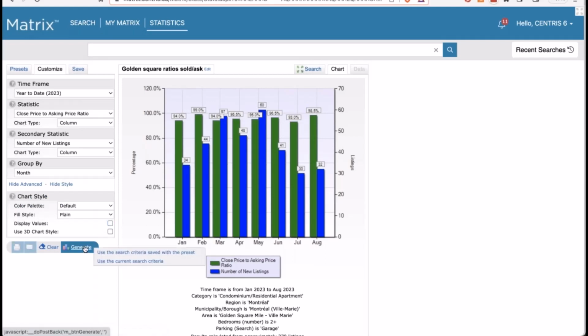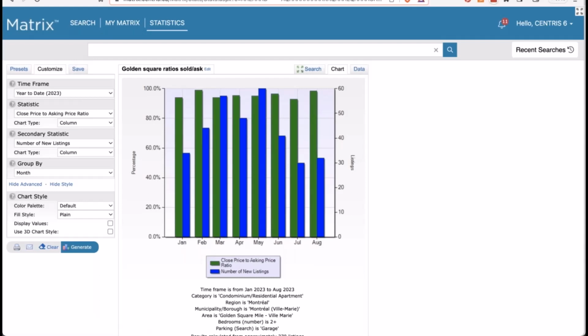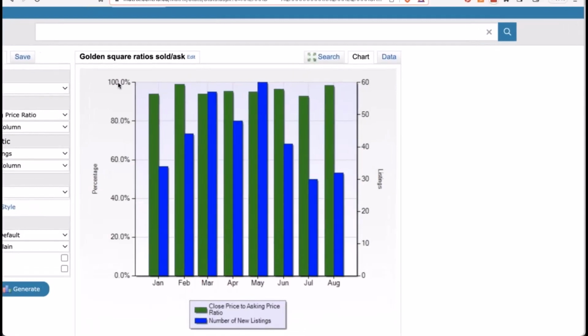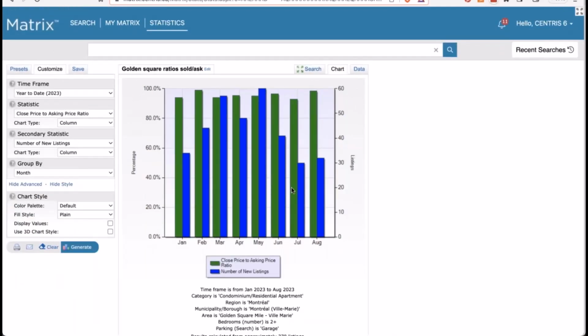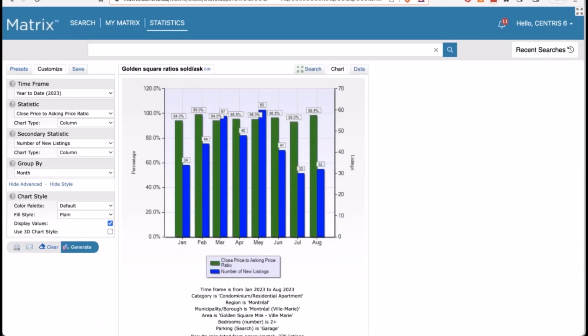If I don't display values, I'll just see the columns, and then I sort of have to read the graph with the lines and approximately come to a conclusion. If you display the values, you then have a very specific graph, and it's very easy to read. So either percentages or numbers. I'm not sure what the question was, but I think I answered. Yeah, so in the style options, display values.